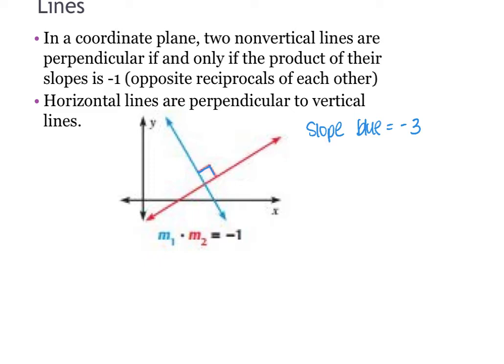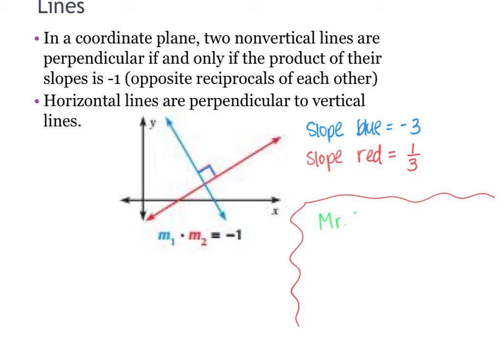The slope of the red line has to be a value that when we multiply by -3 is going to give us -1. And that value is 1/3. And there's a little trick that I want to show you guys, okay? And my trick is, we'll label this Mr. J's trick. My trick is, if it was a positive value, you're changing it to a negative. And if it's negative, you're changing it into a positive. Okay? And then from there, you just flip it.